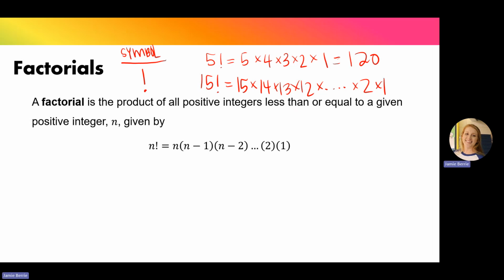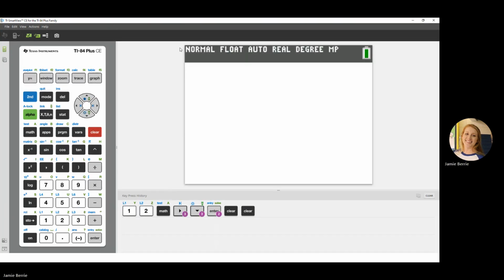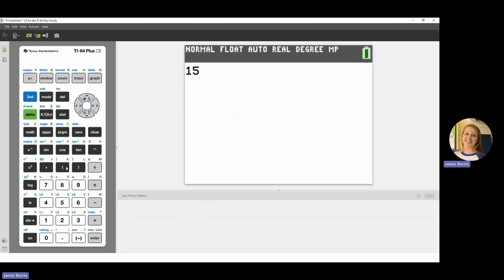Here is our calculator. Let's do 15 factorial. You start by typing in the number, 15. Then you hit the math button, which is on the left-hand side of the calculator.